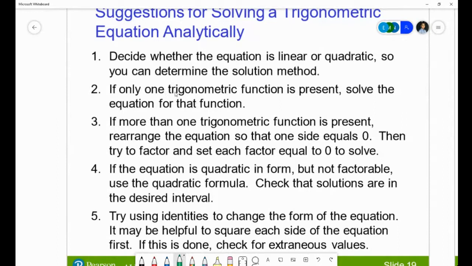If the equation only has one trig function, then we can just solve the equation for that one function. But if you have multiple, you have to introduce identities or try to factor it so that each factor only has one trig function. Okay, so that's what this one is saying. Use the quadratic formula and then use identities to change the equation.